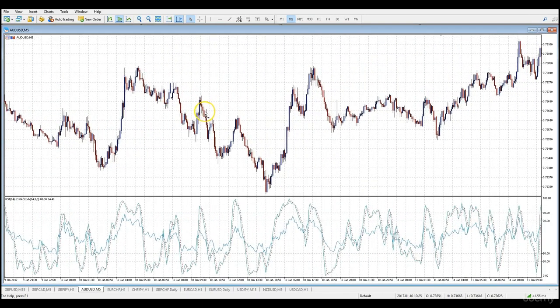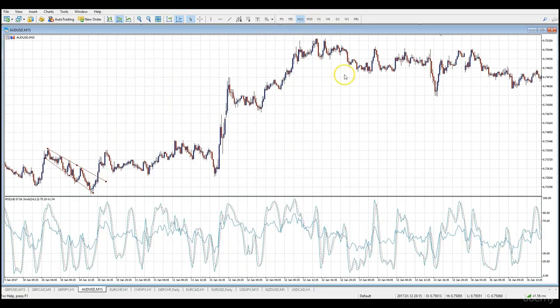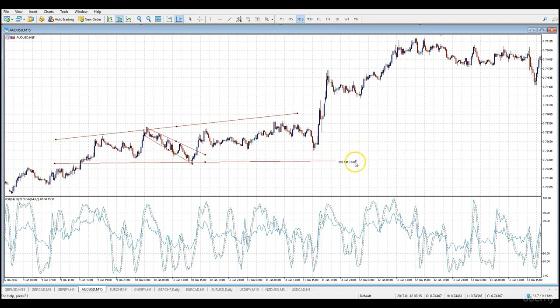So you can see that on a 5-minute time frame, if we were to have a downward trend, this downward trend on a larger time frame might actually look more like it's still trading within a rising trend, so you have the rising channel, or another way of looking at it is this could very well simply be a sideways trend as well.